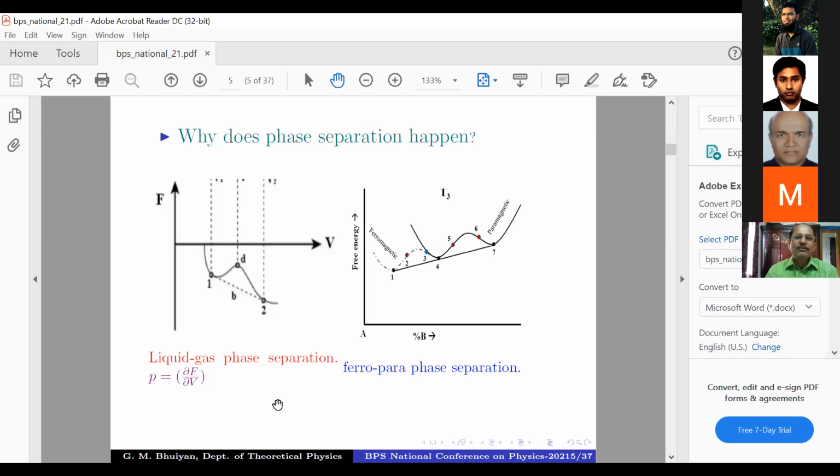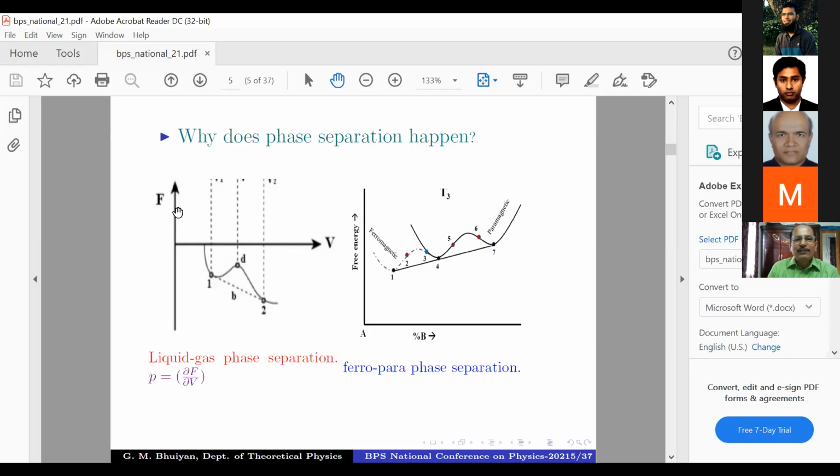Now, let me try to find the cause of why phase separation happens from the point of view of thermodynamics. There are other ways to describe the cause, but from thermodynamics, you see in the left figure we have plotted the free energy as a function of volume, in the case of liquid-gas phase separation.